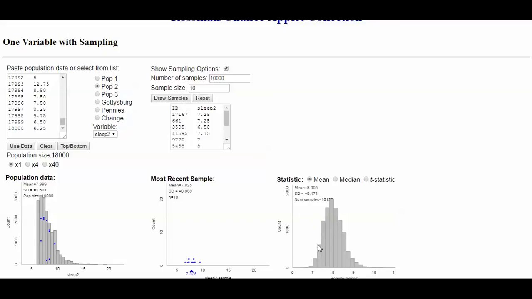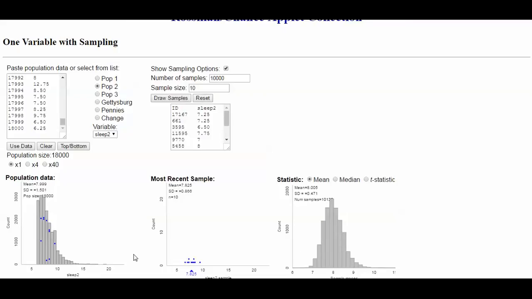So we can see that this sampling distribution is positively skewed, just like the population. It's positively skewed just like the individuals in the population. It's not as skewed as the population is, but it's still somewhat positively skewed.